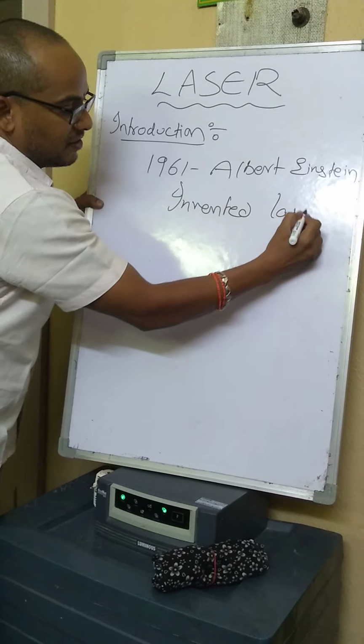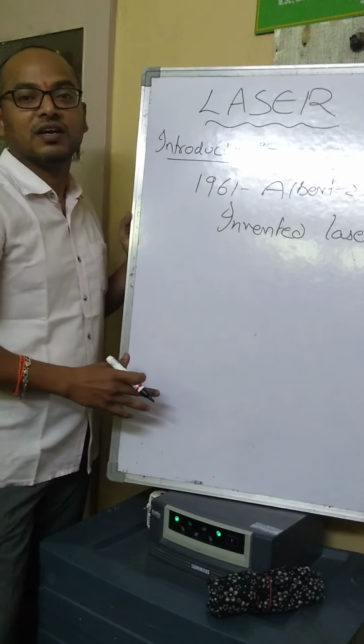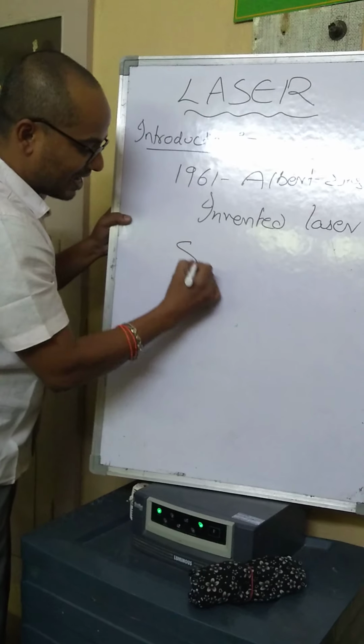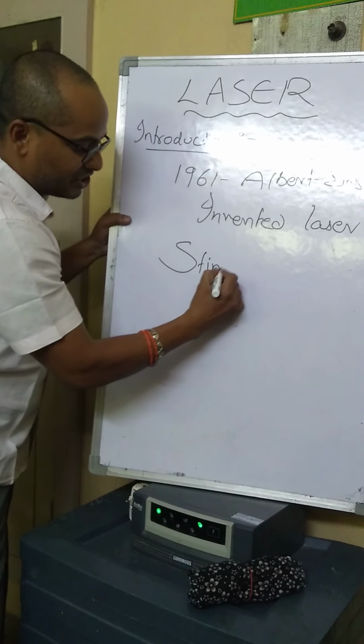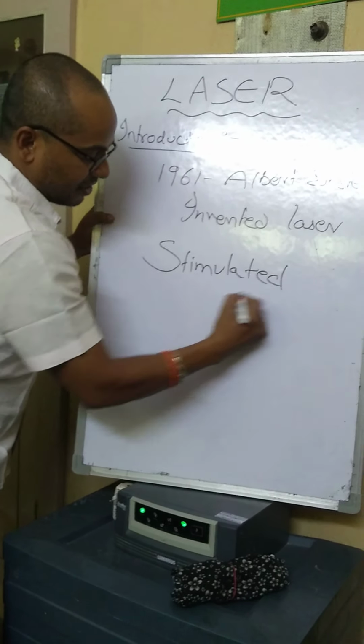a laser. So no scientist directly invents an event or an effect. First he observes an important parameter in the word laser called stimulated emission. So this stimulated emission led to one of the important tools, or one of the important weapons for engineering and technology called laser.